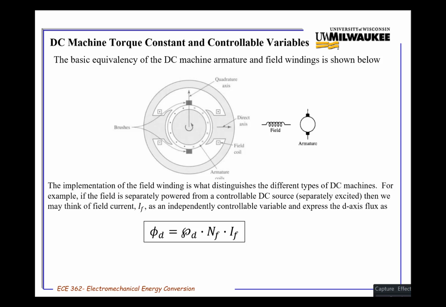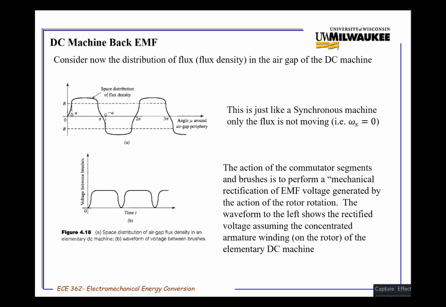Okay, so I'm going to go through these quickly. This goes back to kind of beat a dead horse further. Talks about the field again. But what we want to talk about is another thing.